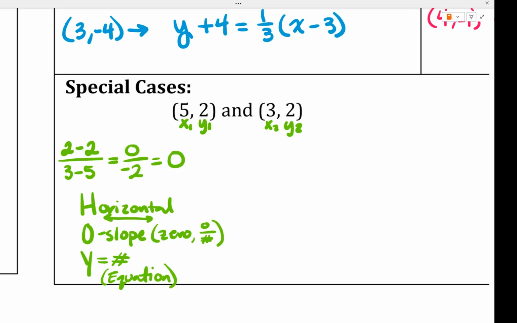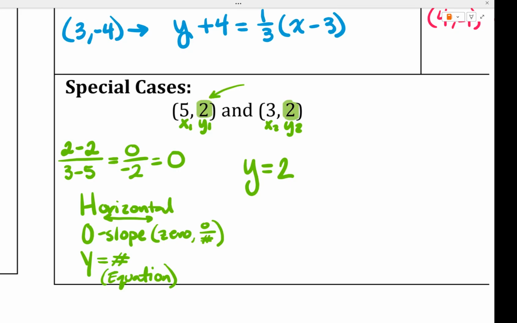And so what I want us to think about is, what do we notice about these 2 points? Do they have anything in common? They both have y values that equal 2. So our equation should say y equals 2.